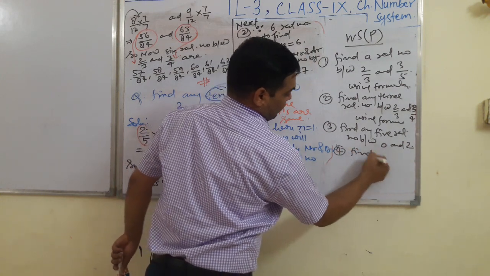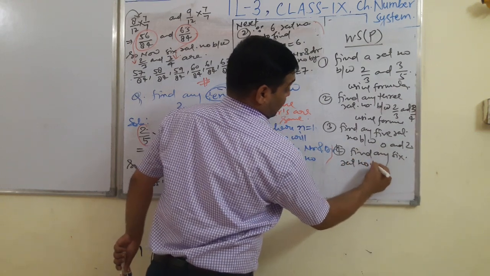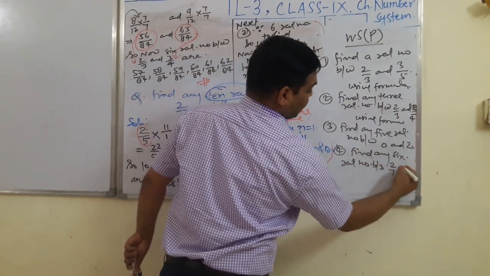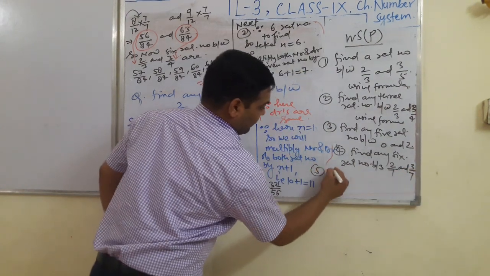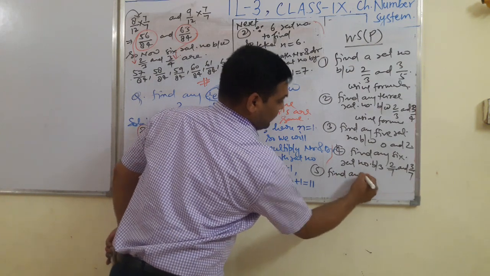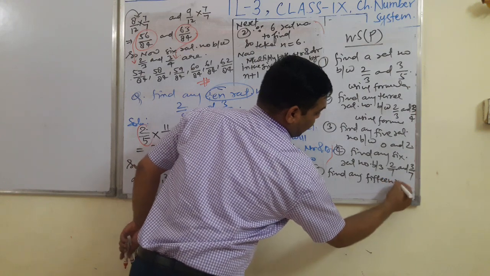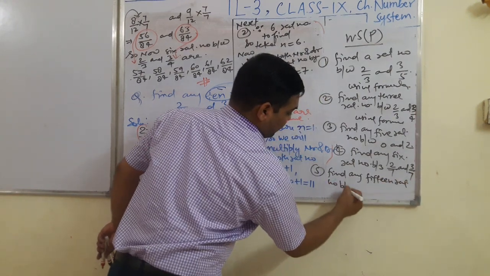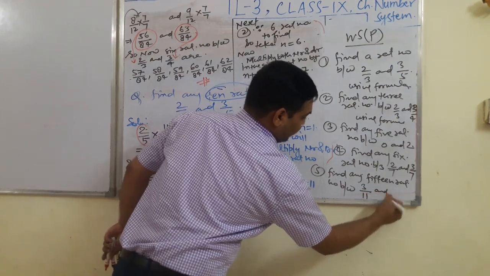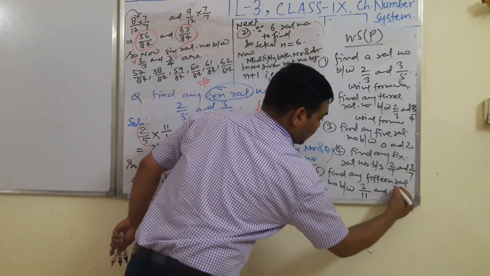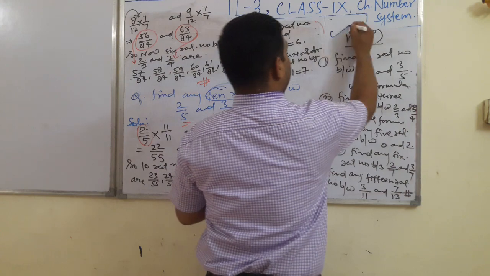Fourth, find any 6 rational numbers between 2 by 7 and 3 by 7. The last question, find any 15 rational numbers between 3 by 11 and 7 by 13. This is the simple worksheet for practice.